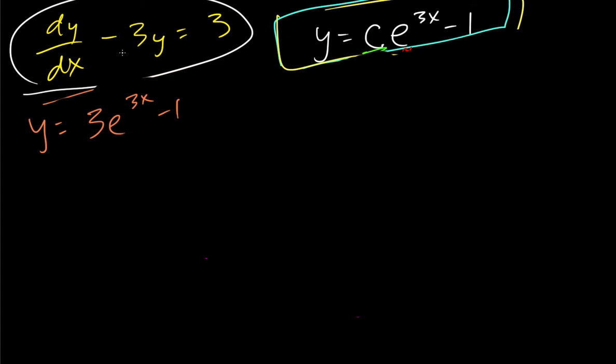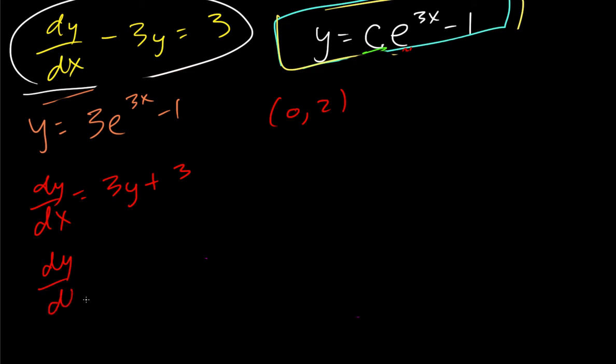Okay, so I'm going to add this over here and write dy dx, or the derivative, is equal to 3y plus 3. And then if we plug in the particular solution, which was 0, 2, we're going to get dy dx is equal to 3 times 2 plus 3. And so the slope is going to be 9.